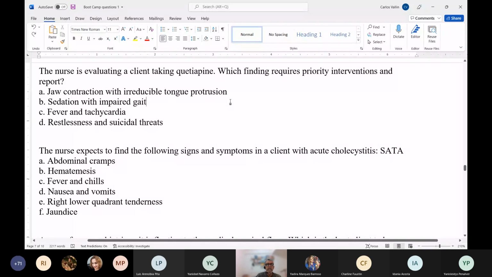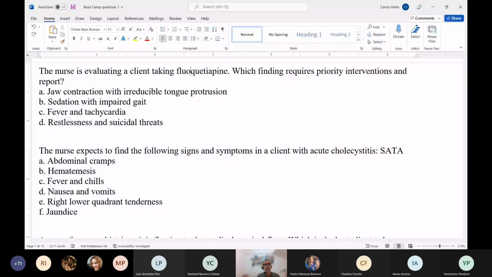If the question said fluoxetine instead of quetiapine, fluoxetine is an antidepressant. So if the client is taking an antidepressant, the patient is depressed. And it is known that in the first period of taking an antidepressant, you can have suicidal threat.